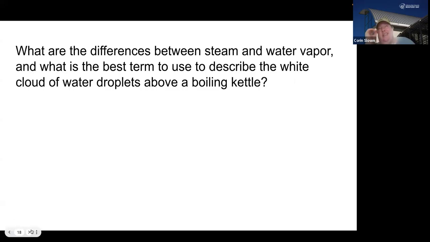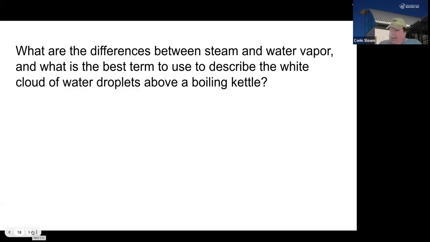If we think about this, especially in terms of aqueous chemistry, it's really important to have a distinction between steam and water vapor. What do we use to describe the white cloud of water droplets above a boiling kettle? What's the difference between steam and water vapor?